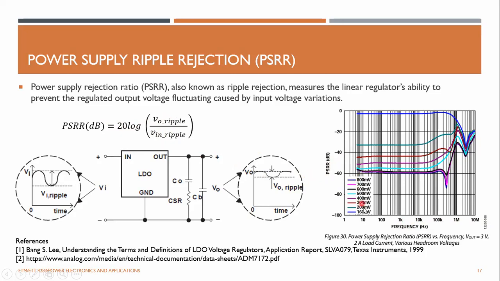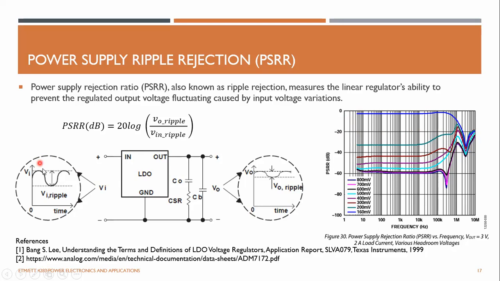Here you can see different curves. It's not mentioned what this is, but it could typically be the dropout voltage. As you can see here, for low frequencies, the ripple rejection is high. When the frequency increases, the value of ripple rejection goes low.